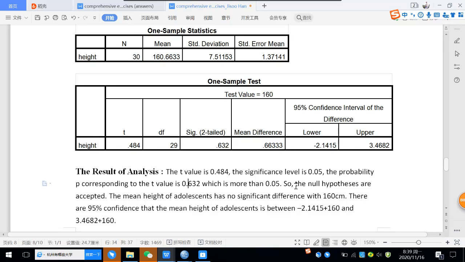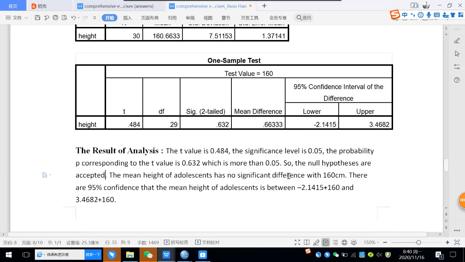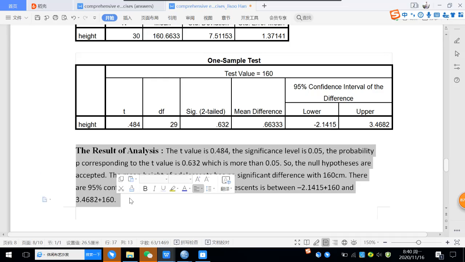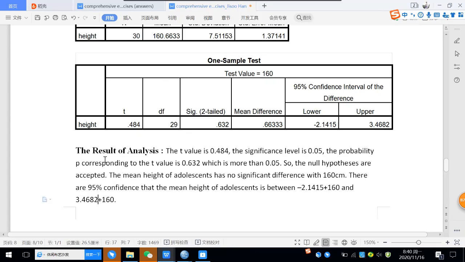Okay, so please be careful. It's 0.632. So the null hypothesis is accepted. Good. This one is absolutely correct, okay? Good. This analysis is very clear.